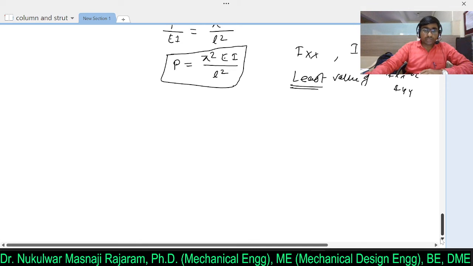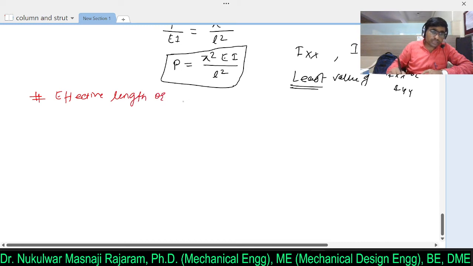Clear? Now for that purpose, what I will do, I will consider the effective length, or it is also called the equivalent length of a column.